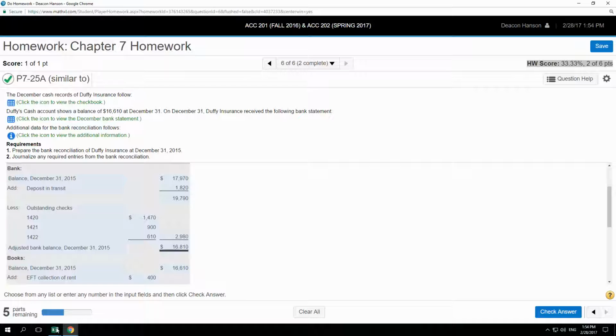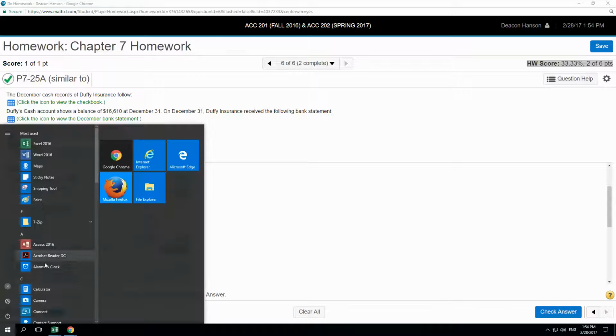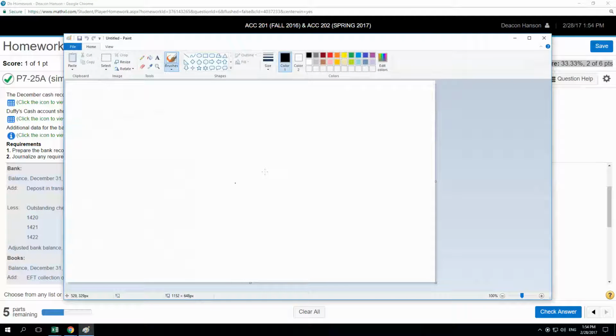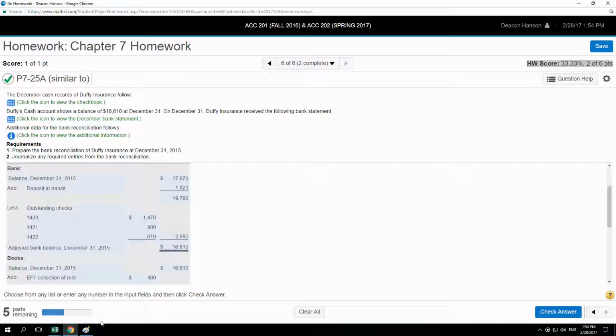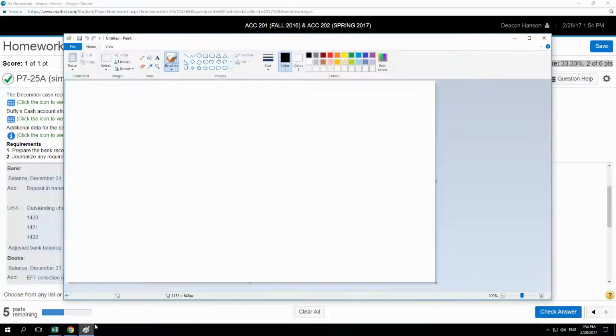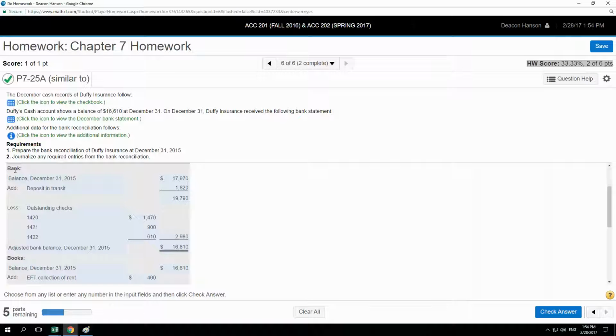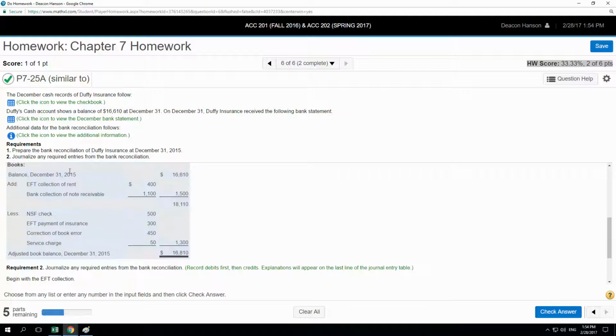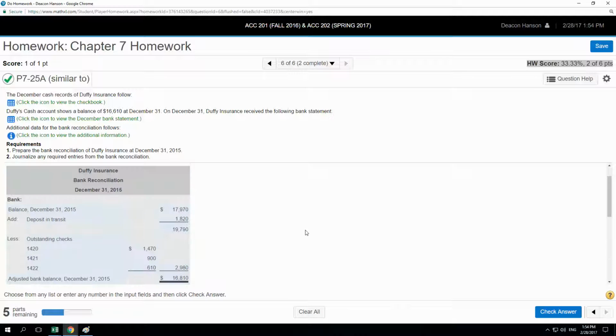Let me show you something real quick. I'll show you how this might look in a different situation. Oh, it's not letting me do that. Anyway, a lot of times we would put it side by side. So this bank piece, I probably would have sitting here on the left, and then I would take this book piece and have it sit right up here next to it, side by side.